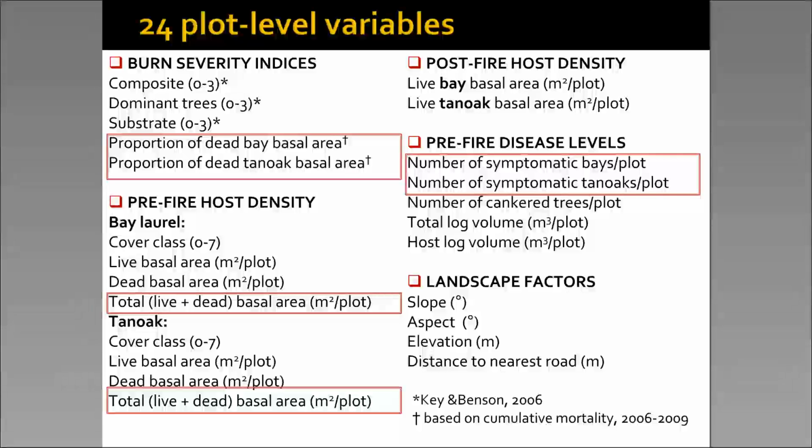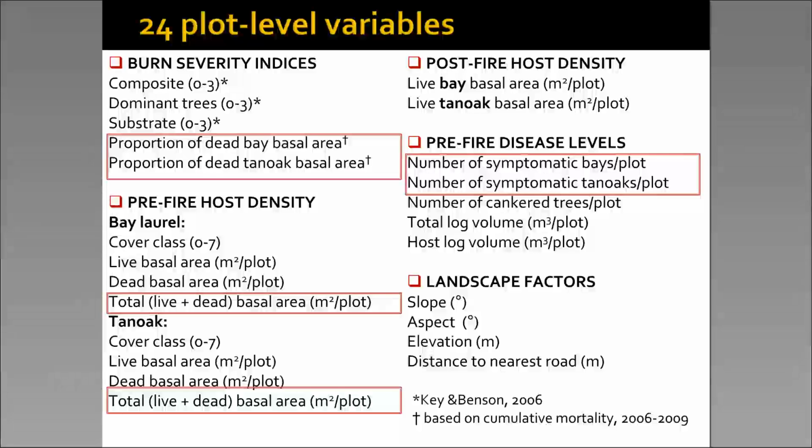We also looked at pre-fire host density variables of both bay laurel and tan oak, post-fire host density measurements. We looked at pre-fire disease levels, so how many trees in a plot demonstrated symptoms of the disease prior to the fire, and we looked at landscape factors.